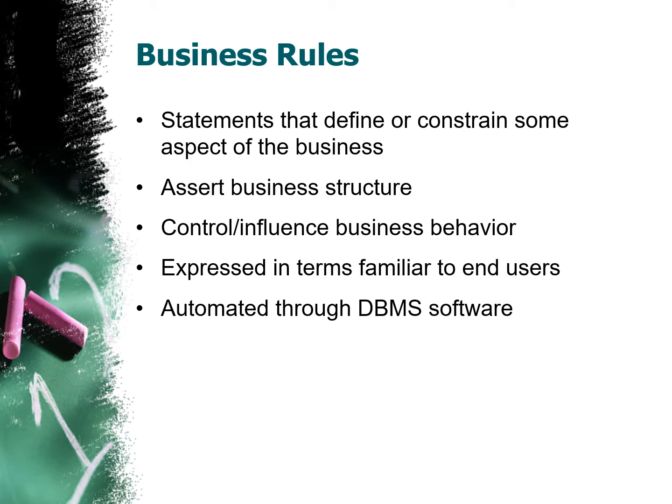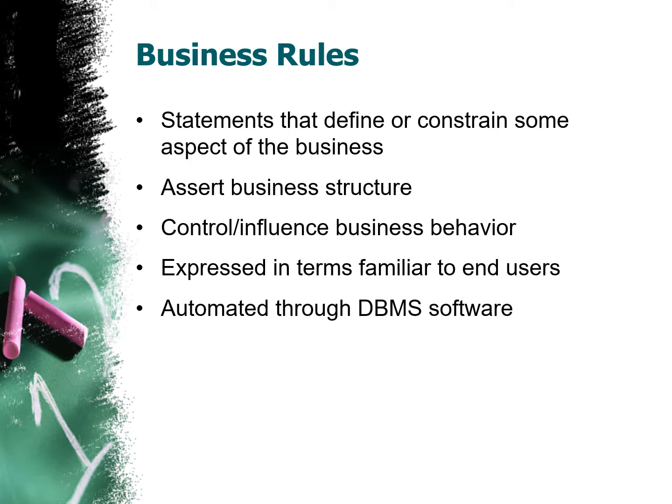Now, when we talk about business rules, these are statements that define or constrain some aspects of the business. So just like what I said, this could be processes within the organization. So they assert business structure. They also follow the line of command or the organizational structure of the employees.